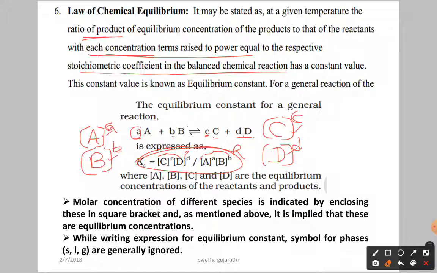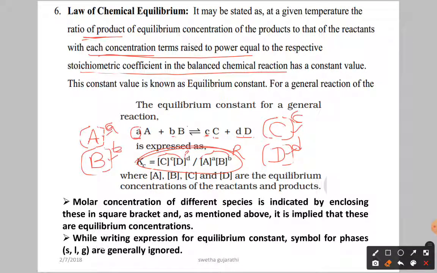Molar concentrations of different species are indicated by enclosing them in square brackets, and as mentioned above, it is implied that these are equilibrium concentrations.